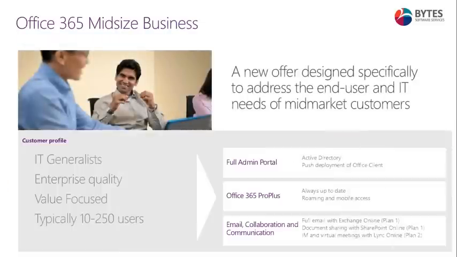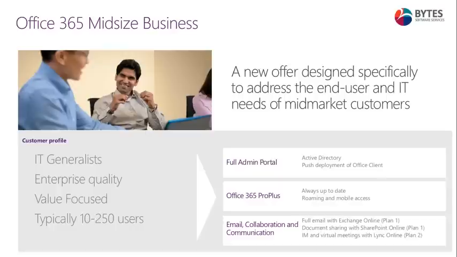So we'll look first of all at the Office 365 mid-sized business plan. Now, this is typically designed for organizations with between 10 and 250 users, although it does have a hard cap at 300 users. We recommend, if you're approaching 250 users, to maybe look at one of the enterprise plans.